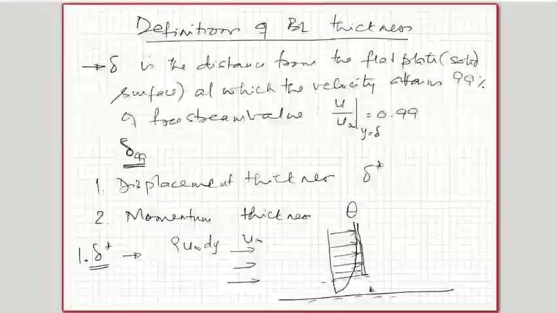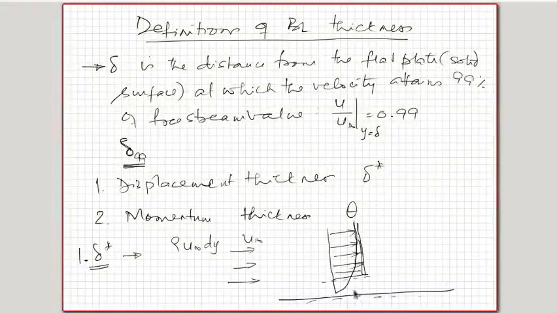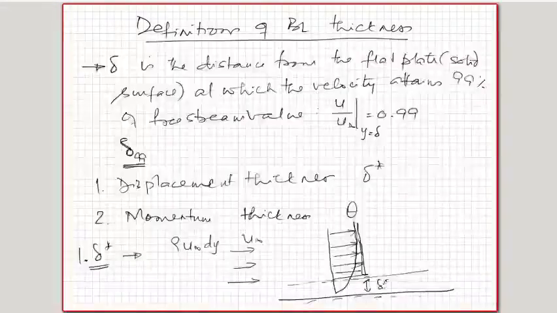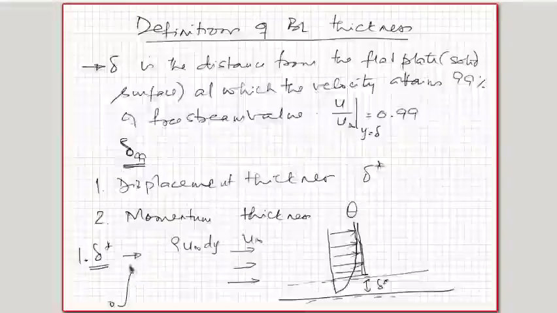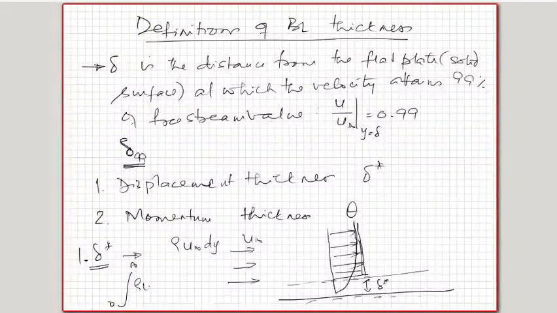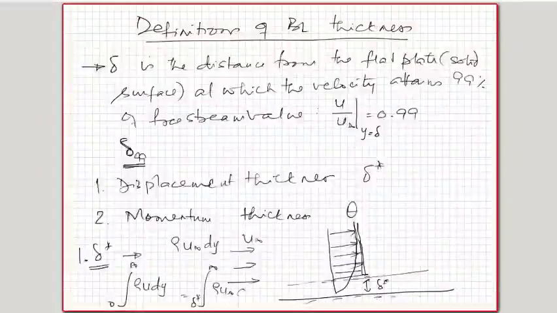So apparently, because of the presence of this plate, the boundary layer displaces the free stream by this distance delta star. That is, the integral from 0 to infinity of rho u dy, which is the mass flow rate through the boundary layer with u as a function of y, is equal to the integral from delta star to infinity of rho u infinity dy.